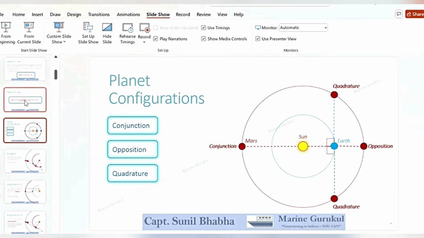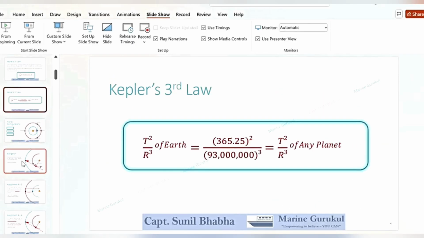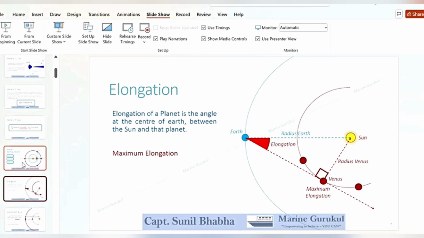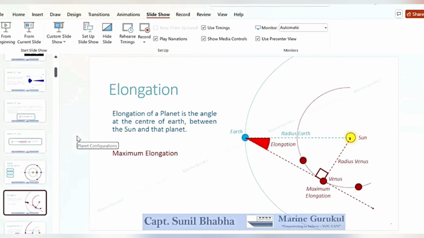Last one, sir, about Venus, sir. Okay, this one. Yes, sir. There are two more positions for Venus, sir. One is less than 90 and the other is more than 90, sir. That is also an elongation position.